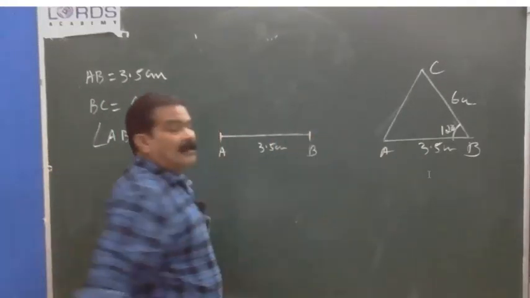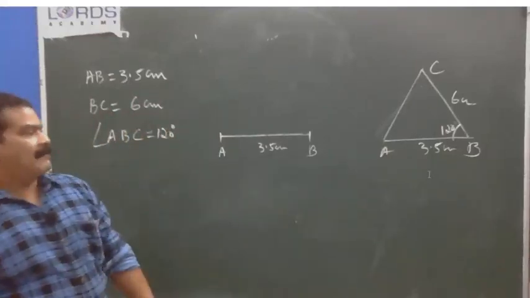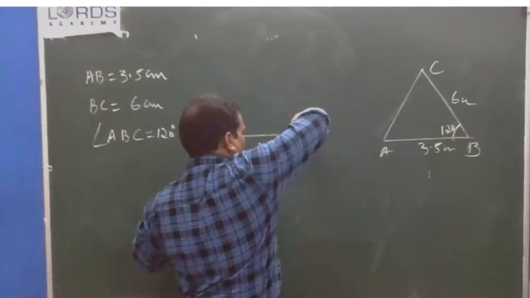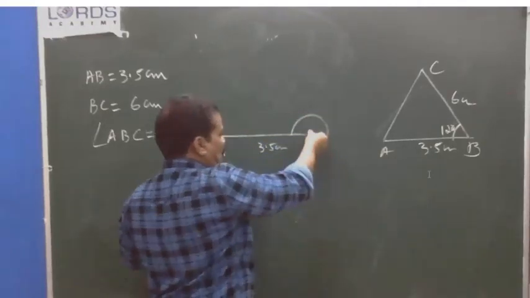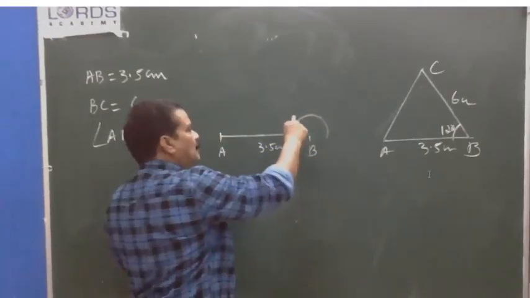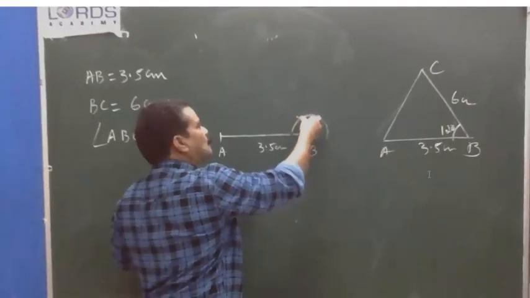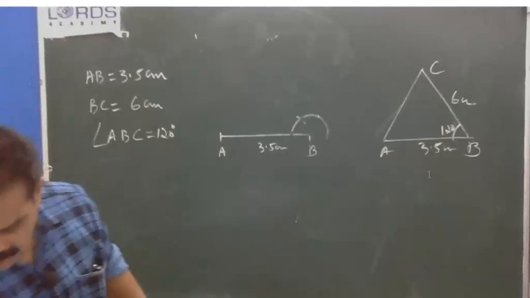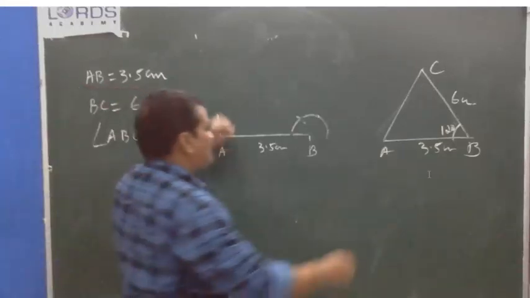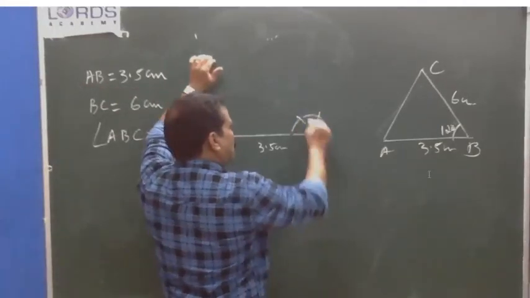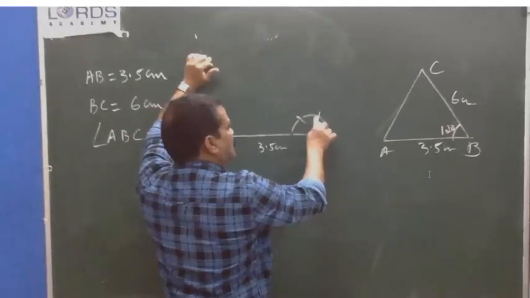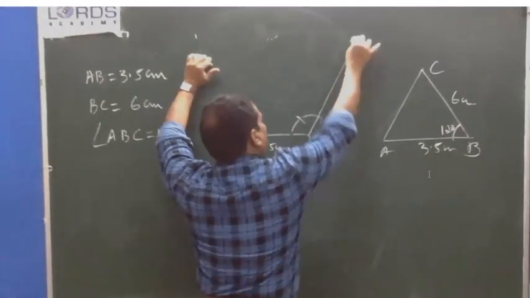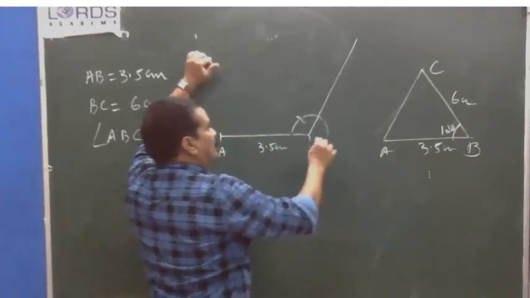At B, you construct 120. With B as a center, you take the same radius in the compass, mark 1, 2. This is 60 plus 60, 120, so you take this 120.